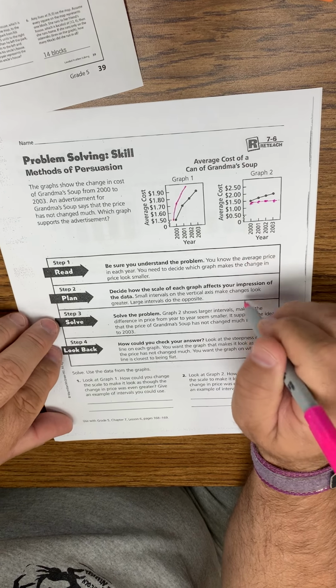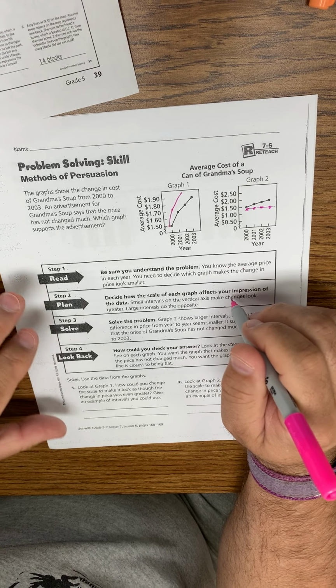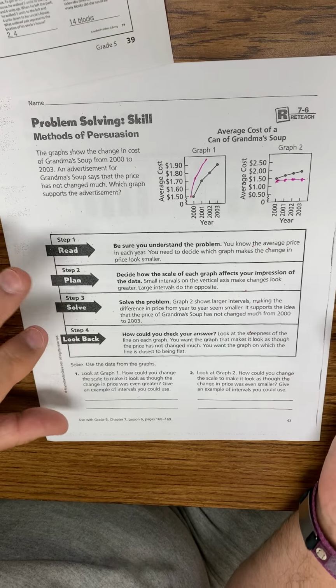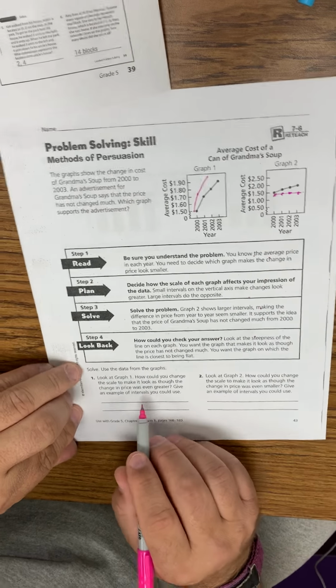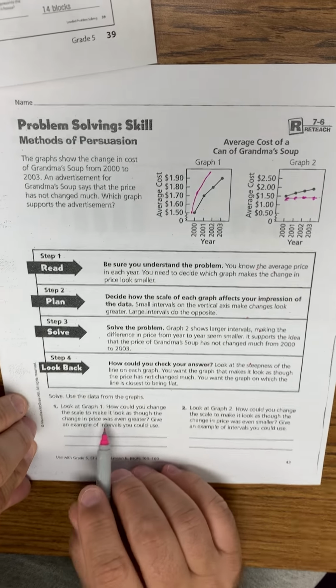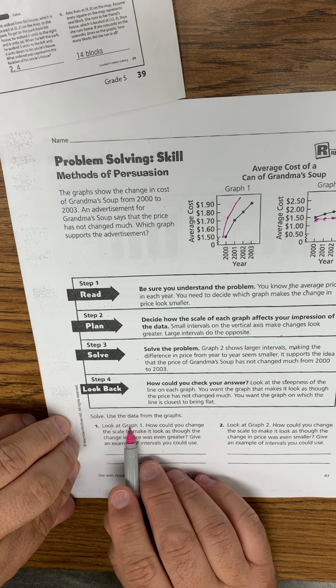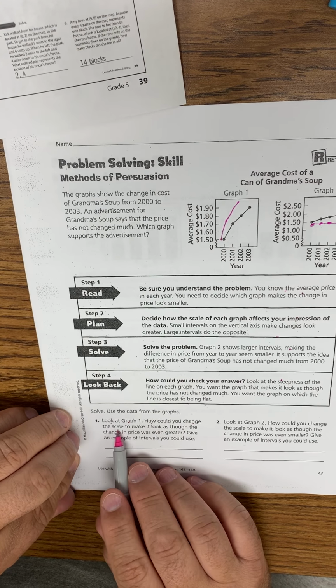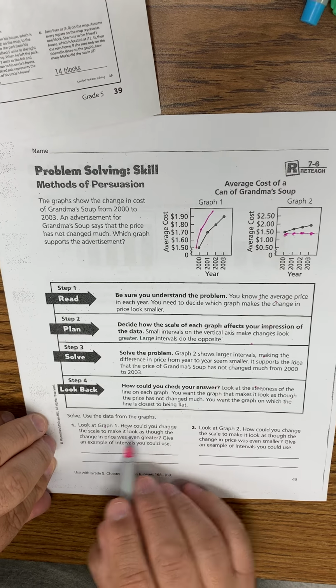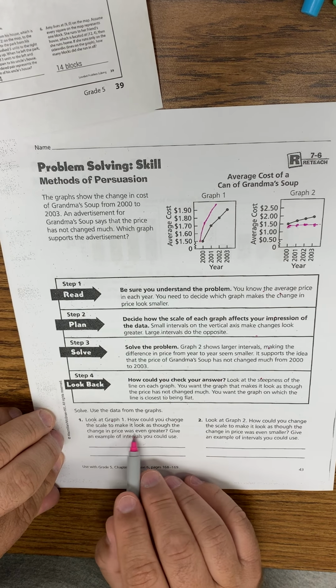So please make sure you read step 1, 2, 3, 4, which I've kind of done. So let's do number 1 and 2 quickly. It says, look at graph 1. How can you change the scale to make it look as though the change in price was even greater?